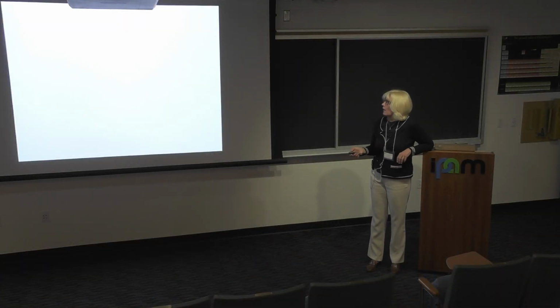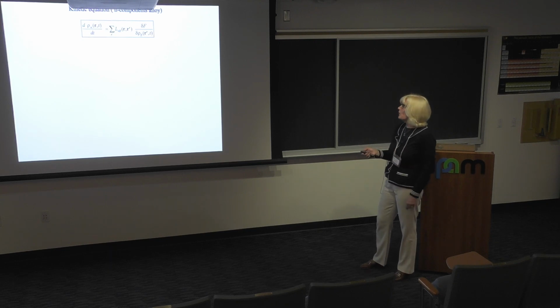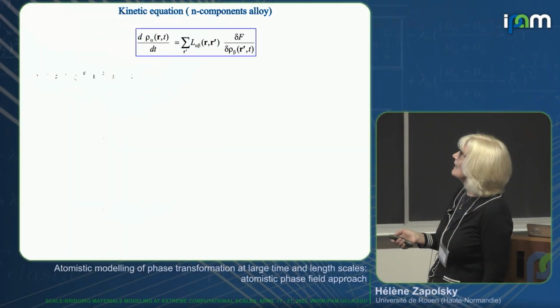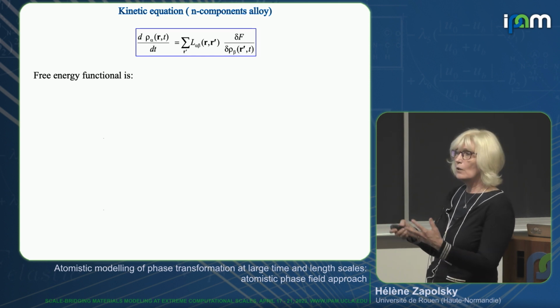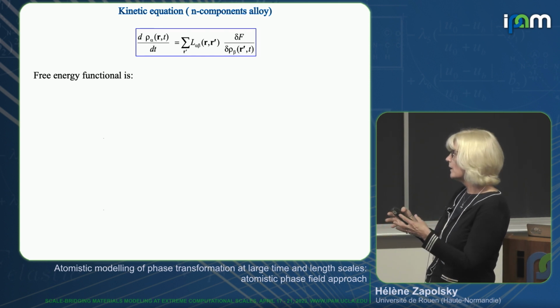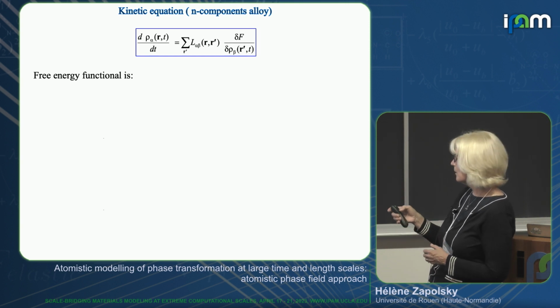So once we accept that it's possible to work this way, we write the free energy, as I said, in the mean field approximation, where Vk contains the short-range and long-range interaction. We also have the entropy term.